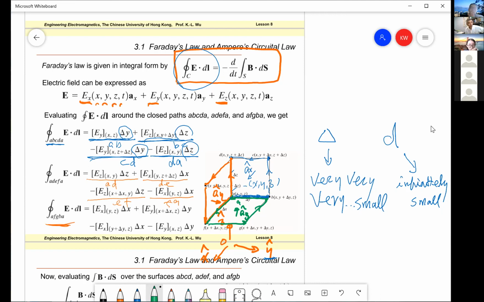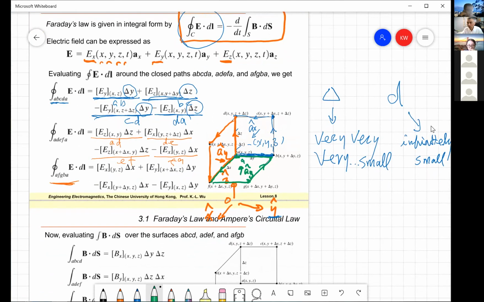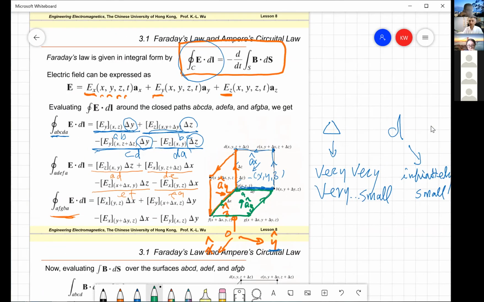What we try to do is apply the integral form of the Maxwell equation to a differential length, surface, and volume. We shrink the volume, we shrink the surface, shrink the line to a point. This is what we have done.